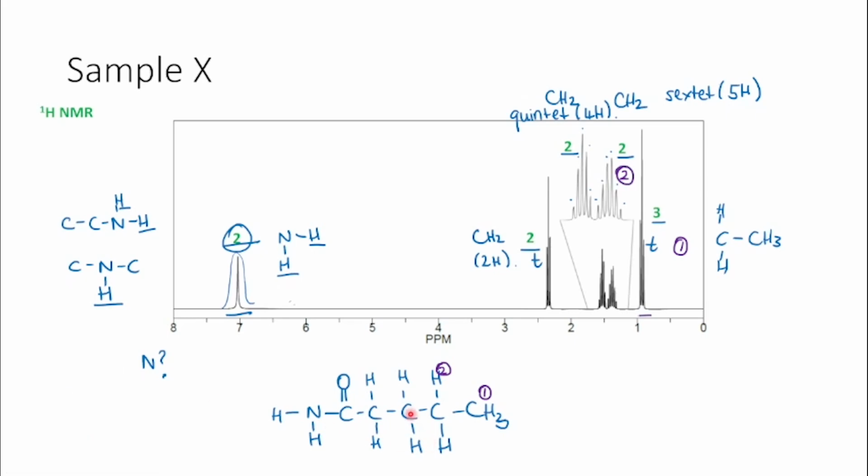Then we move to our next CH2 signal, which is next to 4 other protons. So we would expect this signal to be a quintet. And we move to our final CH2 signal, which is next to this carbonyl carbon, so it will be shifted downfield, and it's next to 2 other protons, so it should be a triplet, which gives us this signal here.